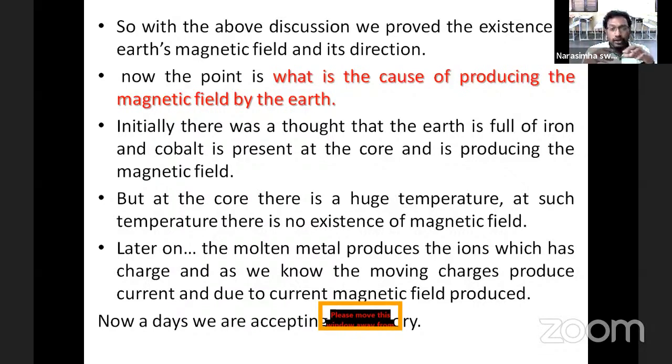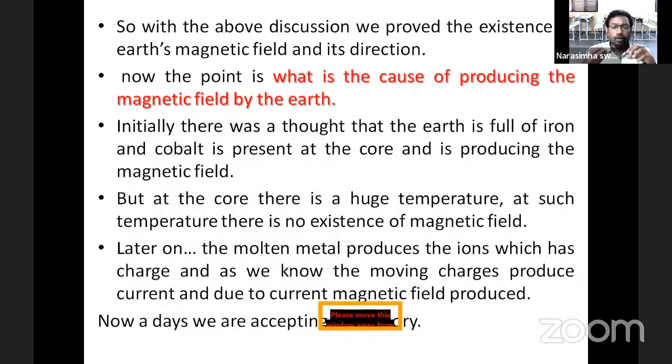So initially, what was the thought? Huge amounts of metals are present at the center, but we know that at the center there is a high temperature, and because of that there is no existence of a magnetic field. But later on, the iron is not in a solid state, it is in a liquid, molten state.